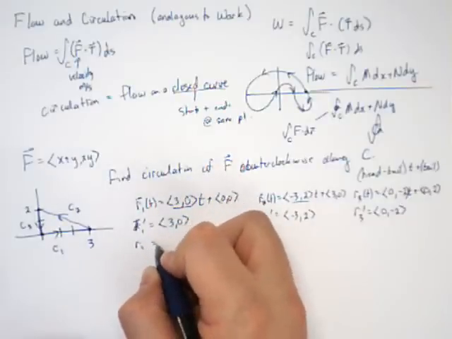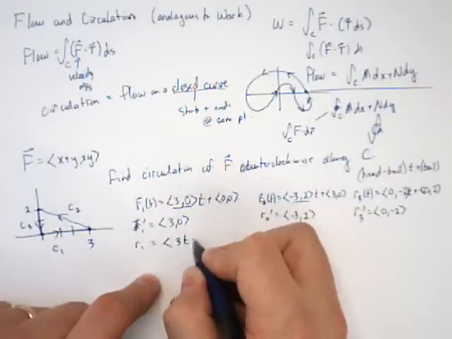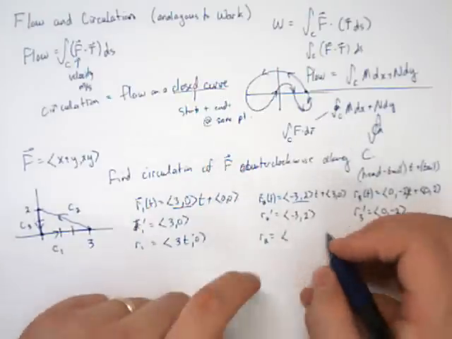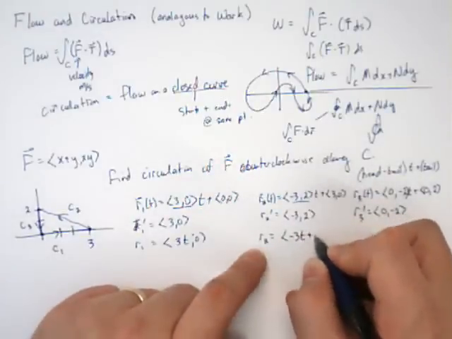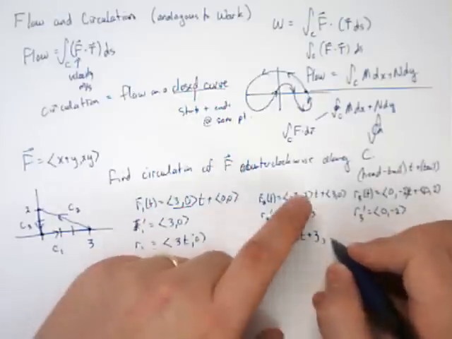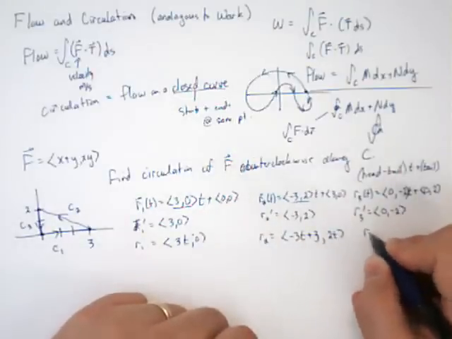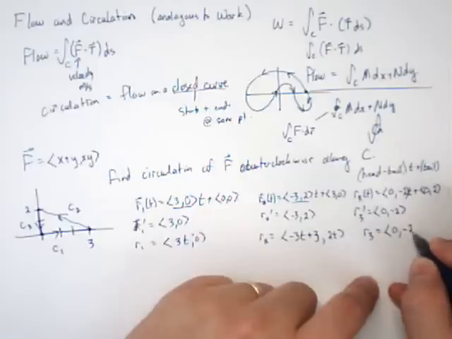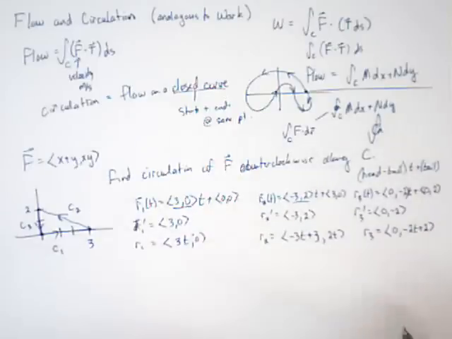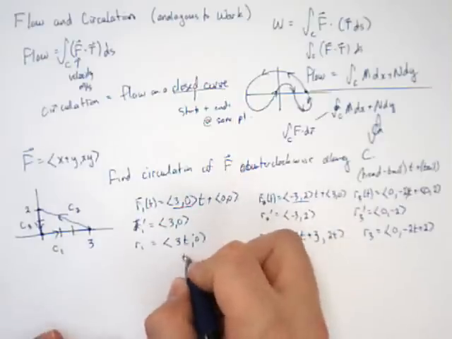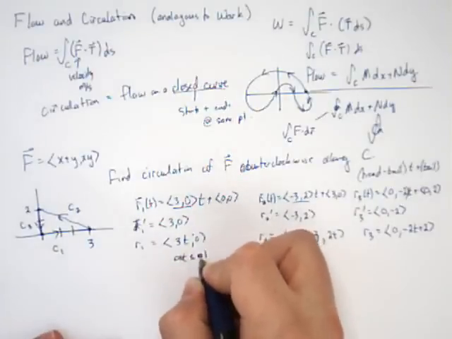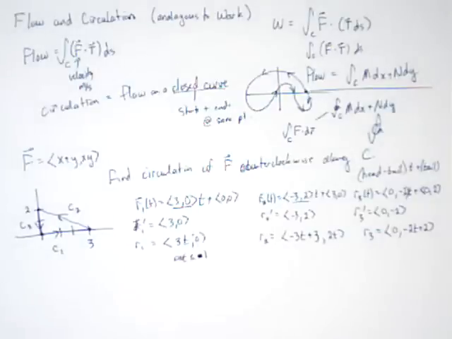I'm going to rewrite r1 as ⟨3t, 0⟩. r2 is ⟨-3t + 3, 2t⟩. And r3 is ⟨0, -2t + 2⟩. In every single one of these, our bounds are always t going from 0 to 1.